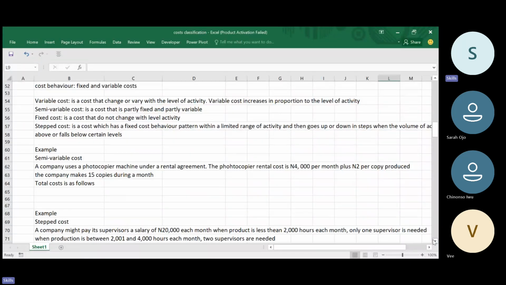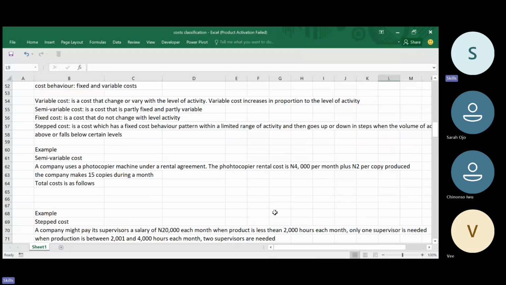Look at this first example of semi-variable cost. A company uses a photocopier machine under a rental agreement. The photocopier rental cost is 4,000 naira per month, plus 2 naira per copy produced.